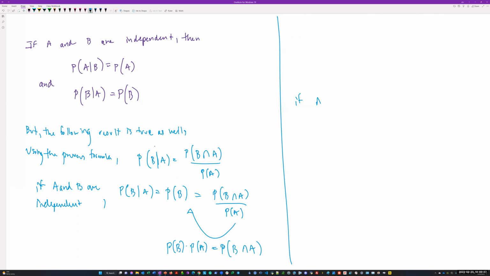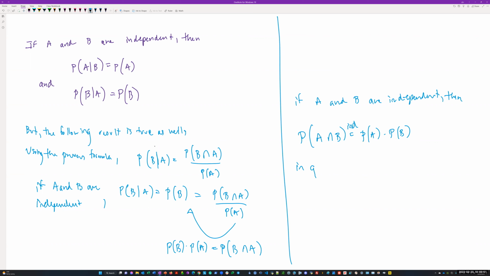If A and B are independent, then probability of A and B is equal to probability of A times probability of B.